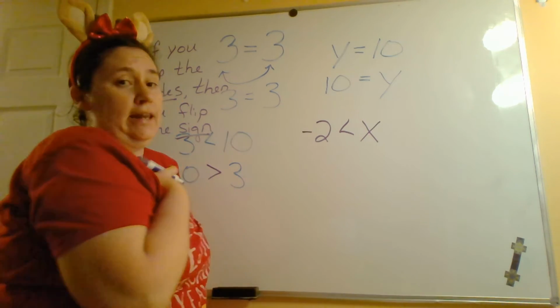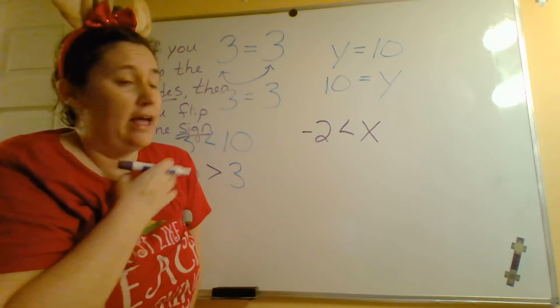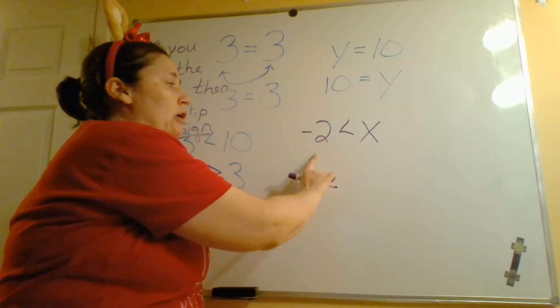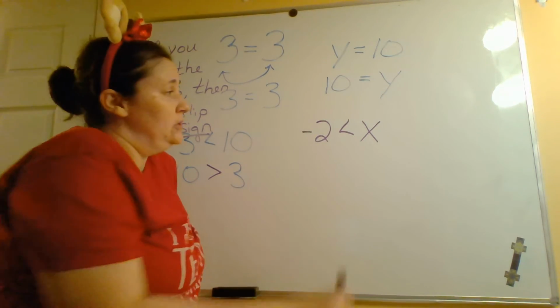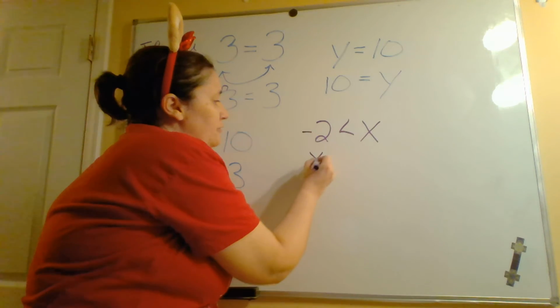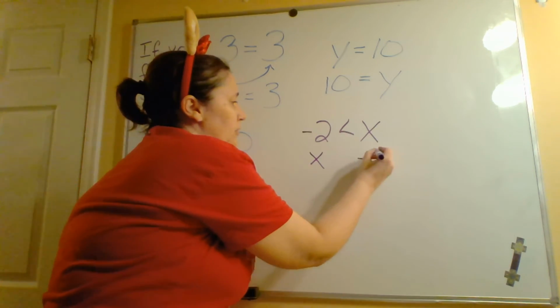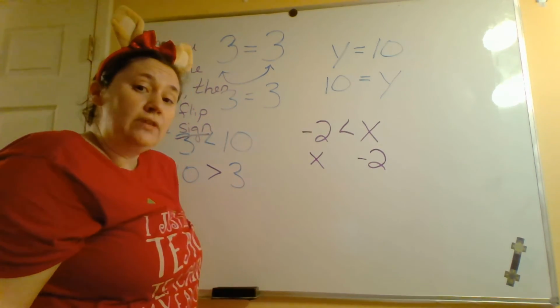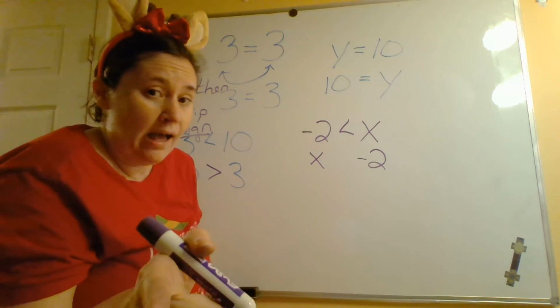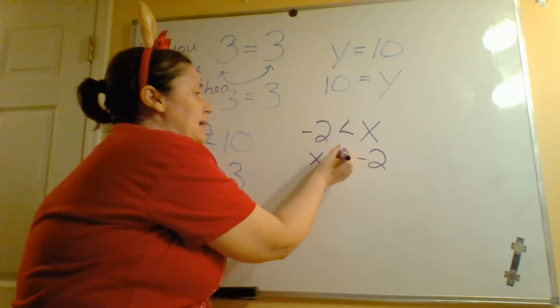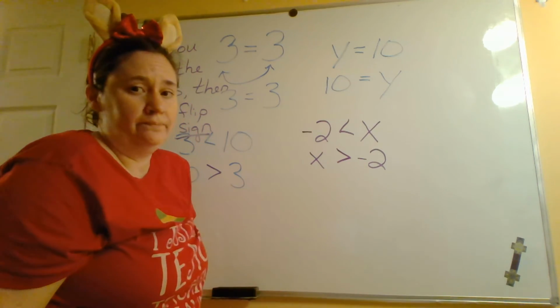In a high-class, civilized mathematics class, the variable in an inequality is always on the left. So we have to flip this around. We need to put x on the left and -2 on the right. And when I flip the sides, I flip the sign. I will take less than and make it greater than.